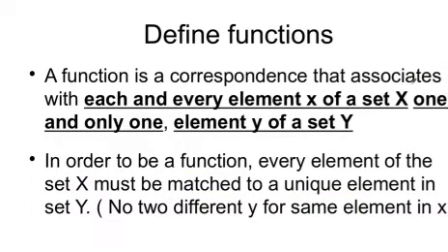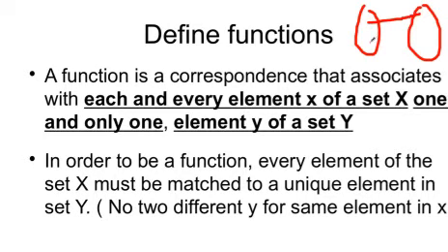But this is okay. What is this? You can have two X's mapped to one element in Y. This can happen. So in both cases, this can happen, but the previous case cannot happen.